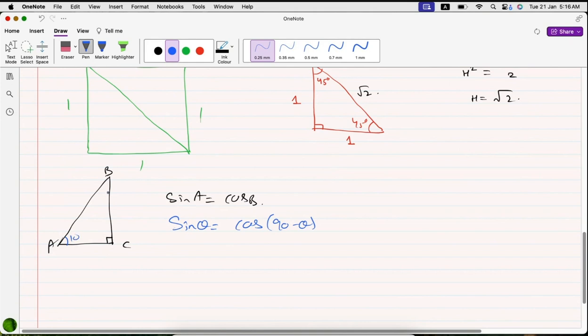If this is 10, obviously that would be 80. So sine theta is equal to cos of 90 minus theta. That is one of the identities.